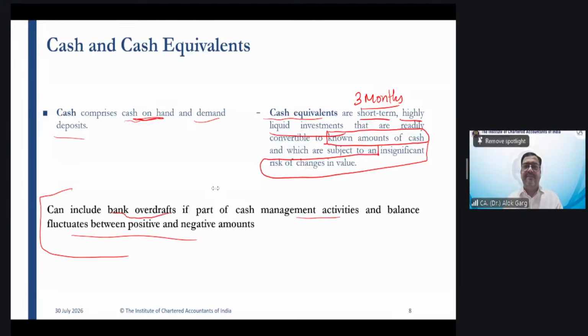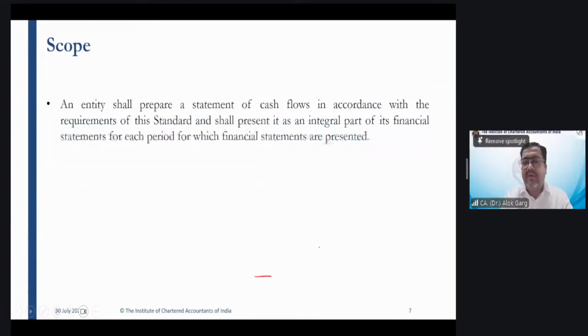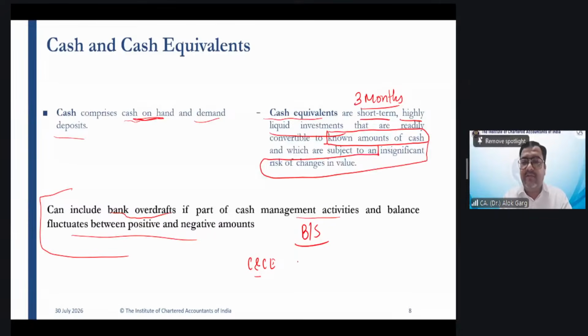So my dear friends, if I talk about the treatment of this bank overdraft in the balance sheet, this cash and cash equivalent will come on the asset side.